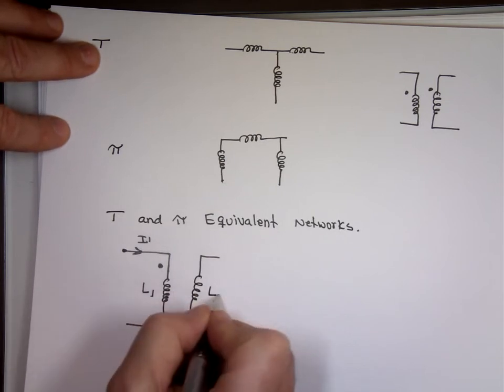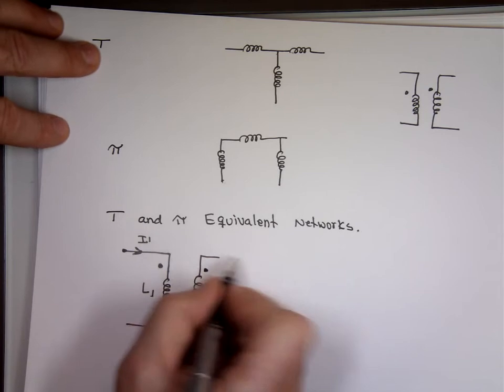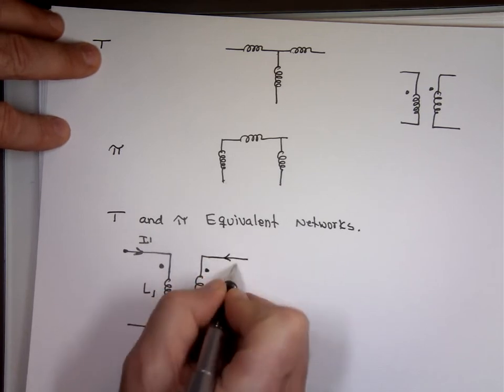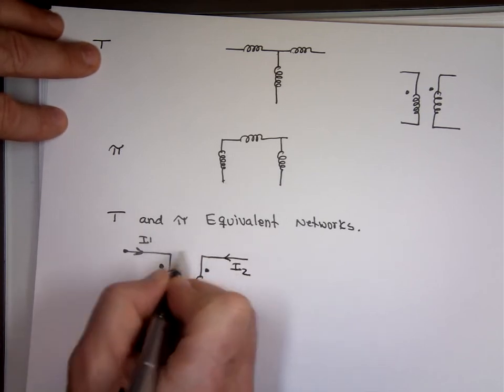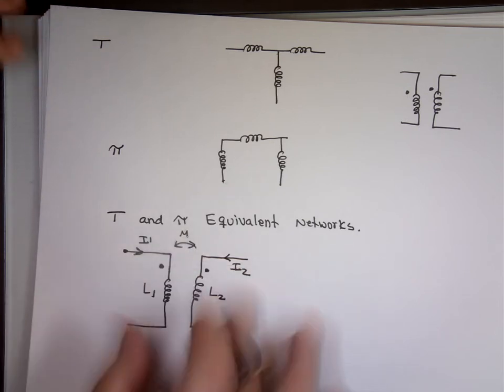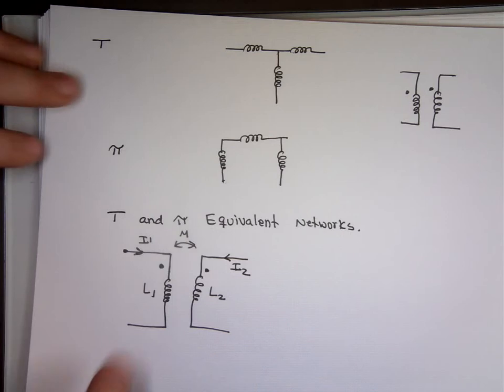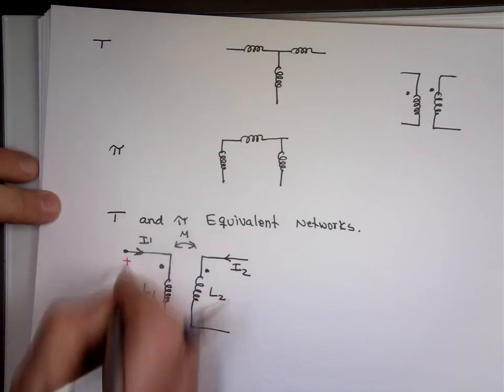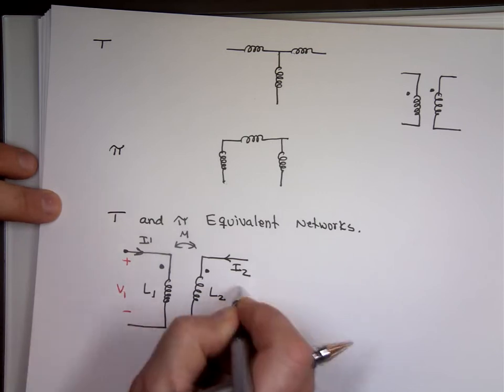We'll make this L2. This is the dot. And let me make the current going through it I sub 2. And we have a mutual inductance between them. Just looking at that circuit, we'll call this V1 here. And I will call this V2.